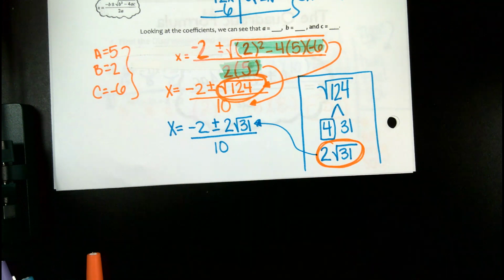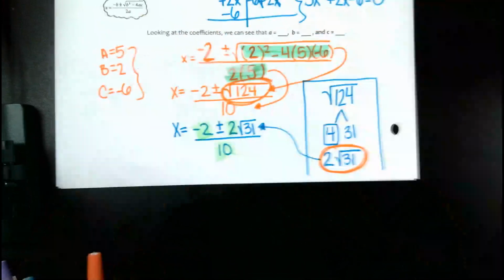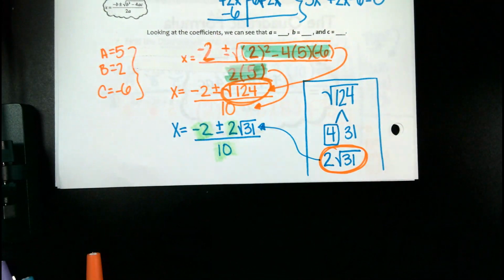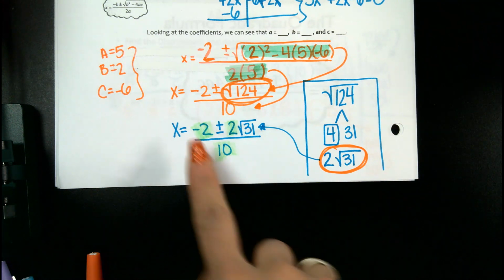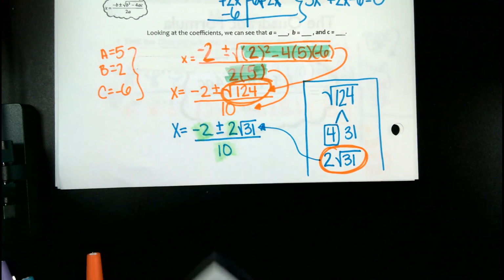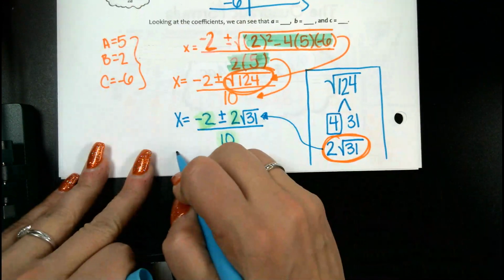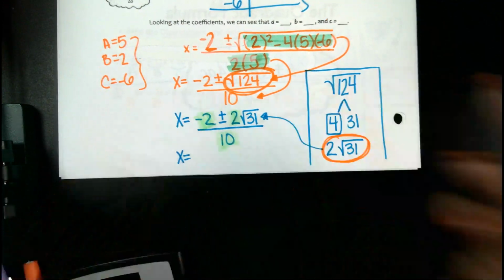However, you have to look at these 3 numbers right here. If all 3 of those have something in common, you have to reduce, because it's like a fraction. What are 2, 2, and 10 all divisible by? 2. So all you guys have to do is now divide those 3 numbers by 2.